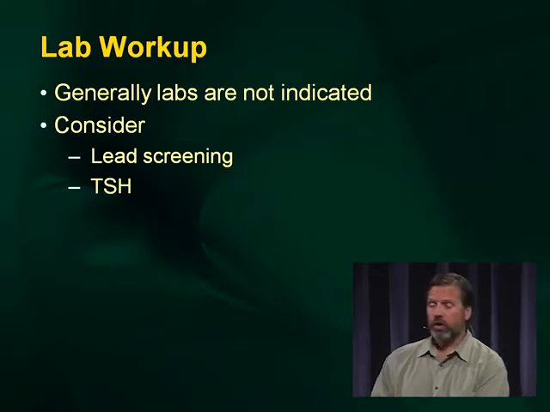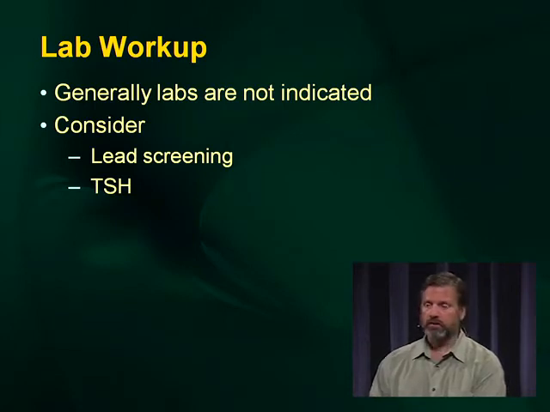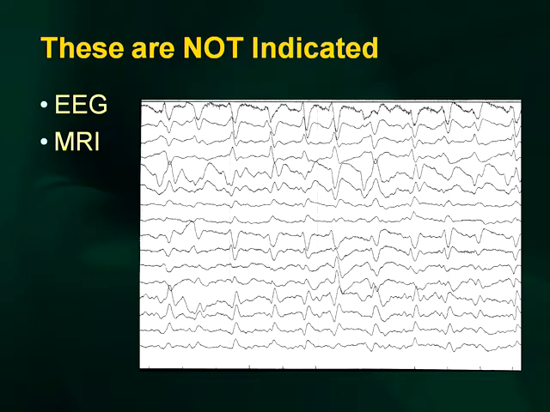And generally, there's no lab workup indicated, although you might think about lead screening and TSH, depending upon whether there are other associated features or whether either of those are a concern for you. No EEG, no MRI.